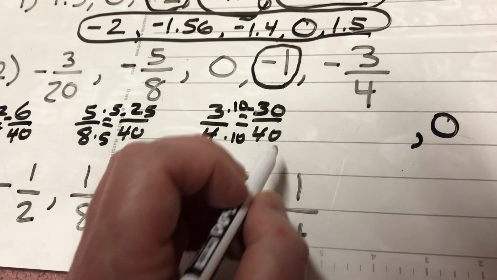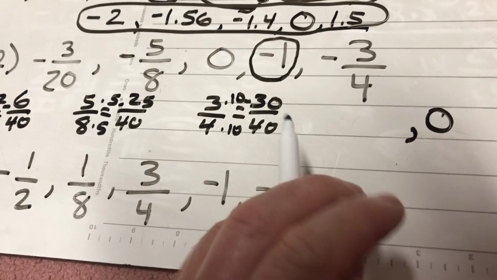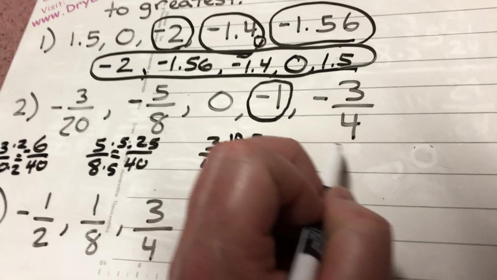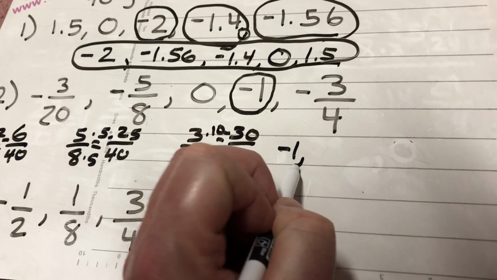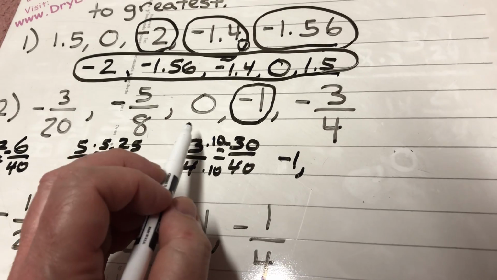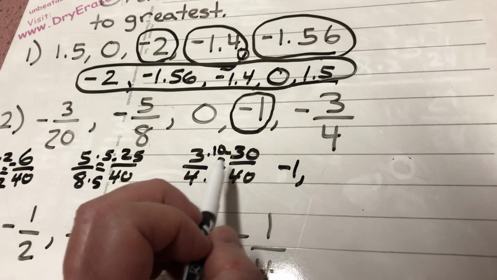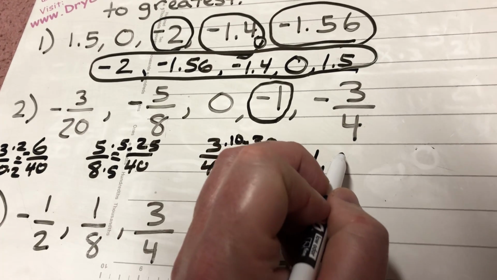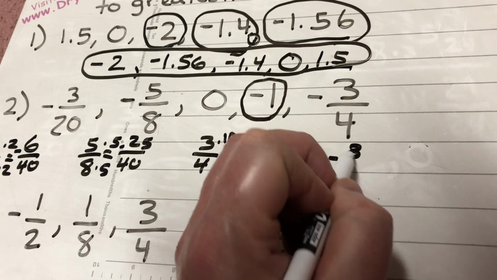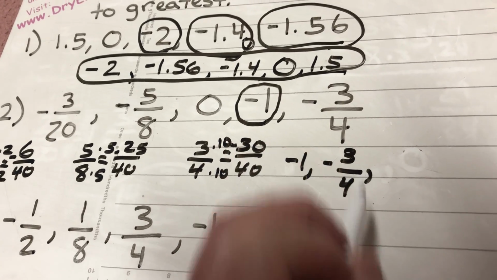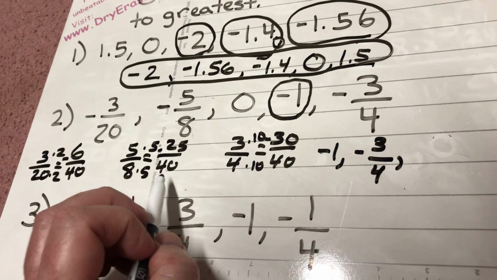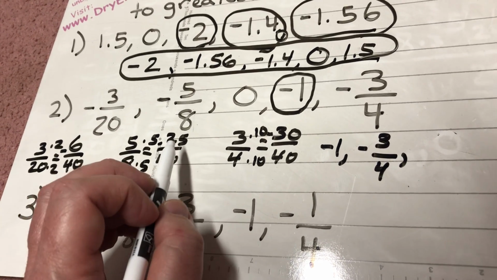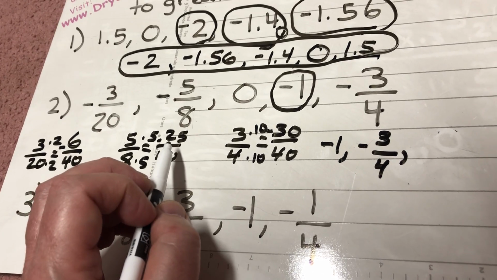So then I would say, if we're going to start, let me go ahead and clear this off. If we've established that negative 1 is the smallest number, and we've established that 0 is going to be the last number, this negative 30 over 40 is the biggest number, thus it's the next smallest, and I always put the original number, negative 3/4. 25 over 40, 25 is a bigger number than 6, but since it's negative, I know this is actually the smaller one.